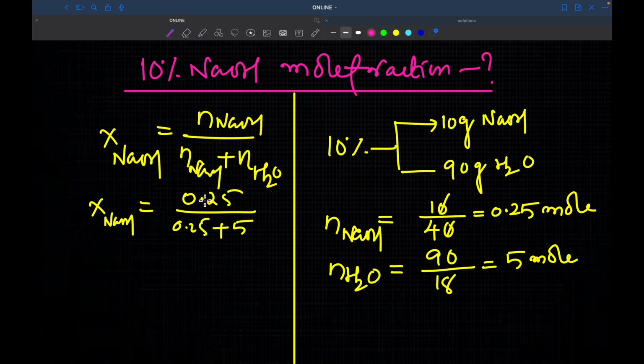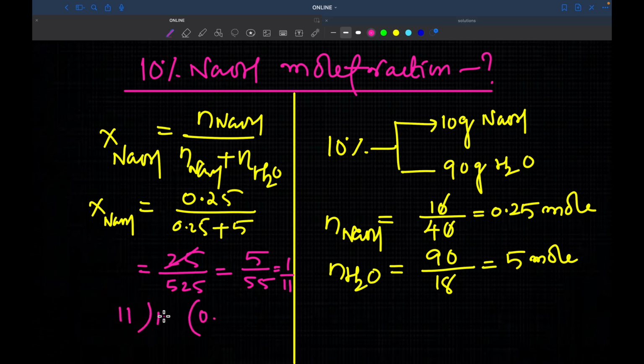Let us solve this. We can write it as 25 by 525. It goes 25 times, so it is 1 by 21. How do you divide this? 21 goes into 100 4 times, 84, and you end up with remainder 16. So the answer is 0.047. Do you understand?